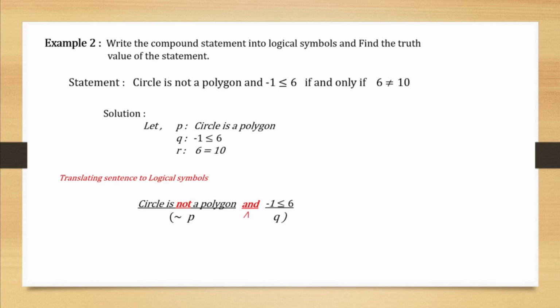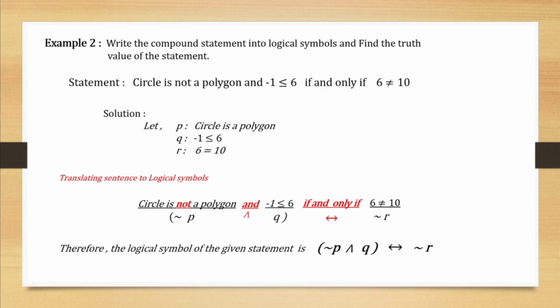Negative 1 is less than or equal to 6 will be replaced by proposition Q, and if and only if will be replaced by the biconditional symbol, and the statement 6 is not equal to 10 will be replaced by negation R. Therefore, the logical symbol of the given statement is the quantity of negation P and Q if and only if negation R.